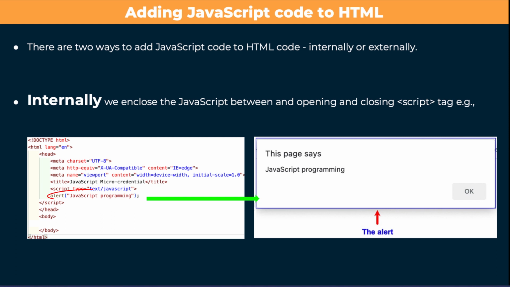And in between the opening script and the closing script, we have an alert, which is like a pop-up, and the pop-up just simply says JavaScript programming. So we have HTML code, but inside it we have JavaScript code enclosed in a script tag. And we can see on the right hand side that it just simply pops up with a message JavaScript programming if we ran that HTML page.